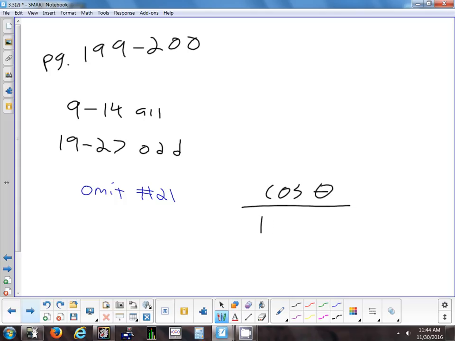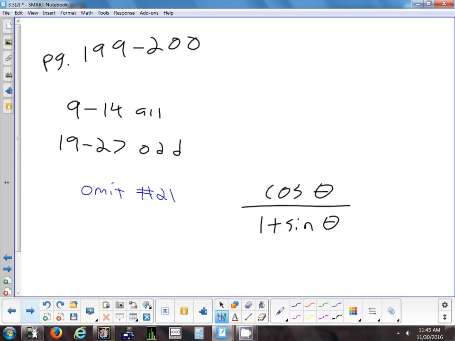They'll give you a problem like this, and they'll say, multiply the top and the bottom by 1 minus sine. They tell you what to do. You just have to do it. Okay? And then 19 through 27, those are like the ones I did in class. They don't tell you what to do. You have to figure it out. Okay? So in 9 through 14, they tell you how to do the problem.